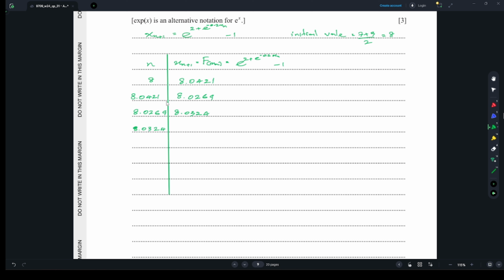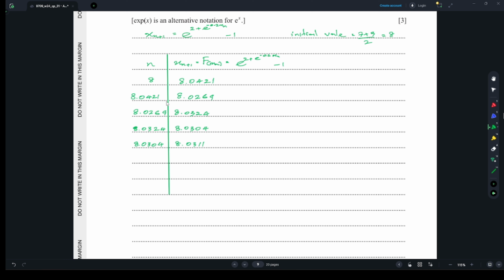8.0324. With this one, you will receive 8.0304. Okay, still we don't have it. Again, substitute 8.0304. Then you will have 8.0311.